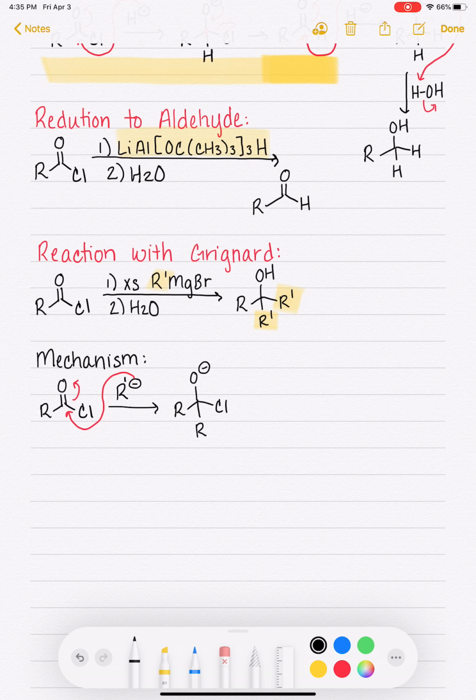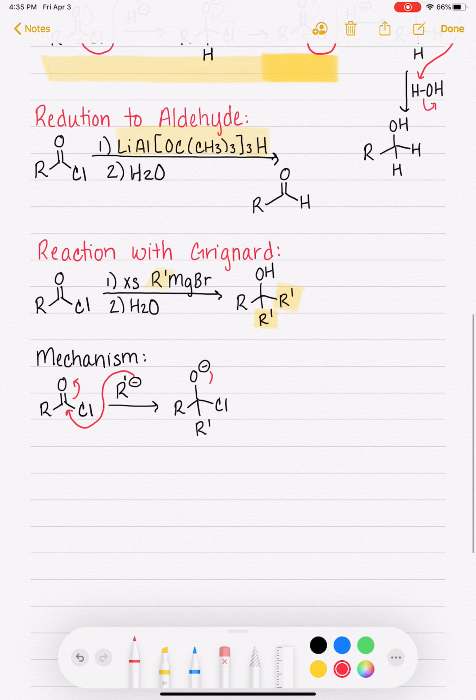We make this molecule right here, and in our typical mechanism for nucleophilic acyl substitution, the carbon-oxygen double bond wants to close back up and get rid of a good leaving group. Look at what's on this carbon. We do have a good leaving group, so we'll go ahead and get rid of that chloride. And that leaves us with a ketone.